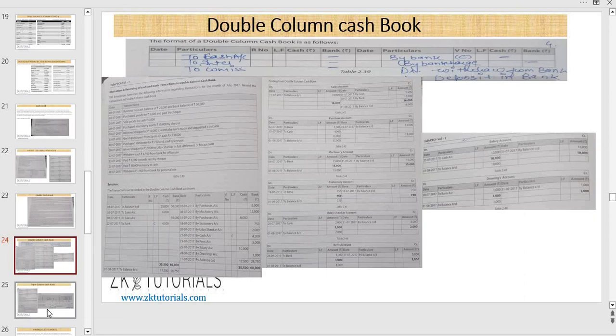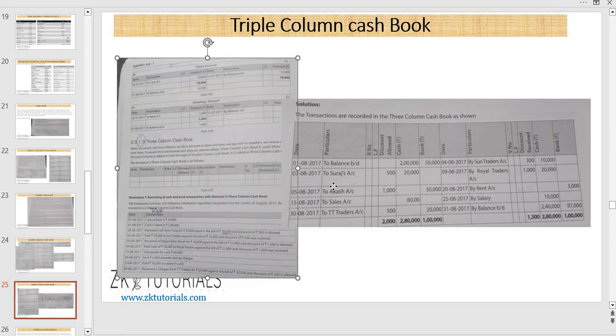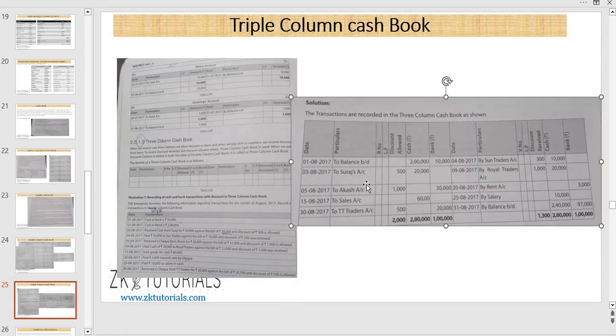Alright, so now the next is the triple column cash book. When we receive cash from debtors, we allow discounts to them, and when we pay cash to suppliers, we receive discounts from them.